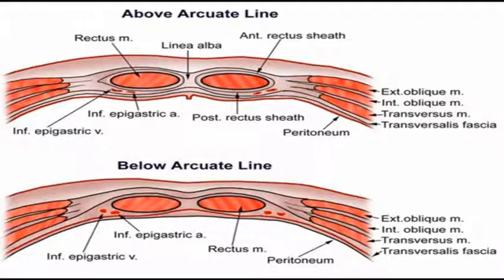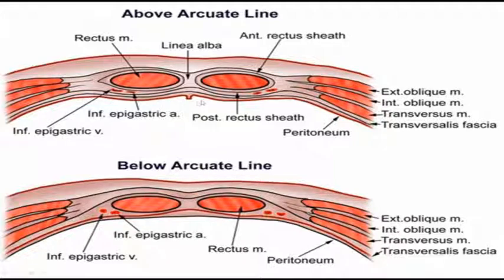So the tendon of the external oblique muscle passes anteriorly to the rectus abdominis muscle above the arcuate line, while the tendon of the internal oblique muscle passes both anteriorly and posteriorly to the rectus abdominis muscle, and the tendon of the transversalis muscle passes posteriorly to the rectus abdominis muscle.